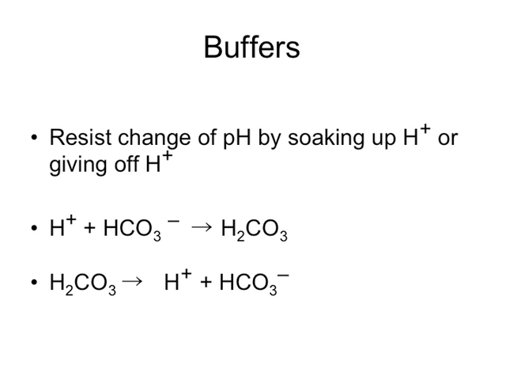And now that free hydrogen ion is no longer in the body fluids, and that reduces the acidity of the body. That same molecule can, if needed, give up a hydrogen ion. So if there's not enough acid, the carbonic acid molecule can dissociate to form a hydrogen ion and a bicarbonate ion. And now you see that the same substance can either take on hydrogen ions, which would reduce the acidity, or it can give off hydrogen ions, which would increase the acidity. And that's a buffer, quite simply.